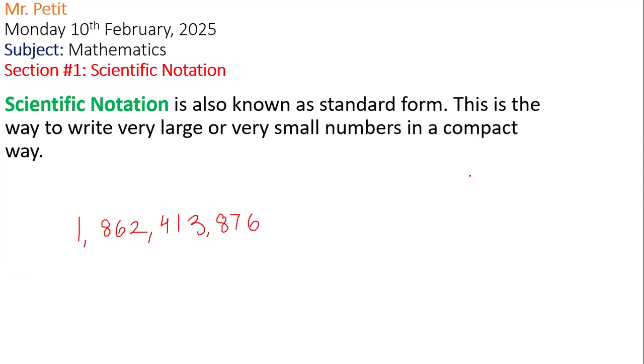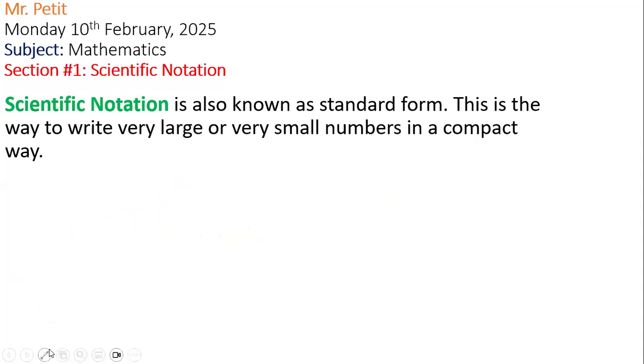How do we pronounce this number? 862,413,876. So this is a very big number. Instead of writing this big number, or going to trillions or whatever huge units, we'd use scientific notation instead of writing all these out.